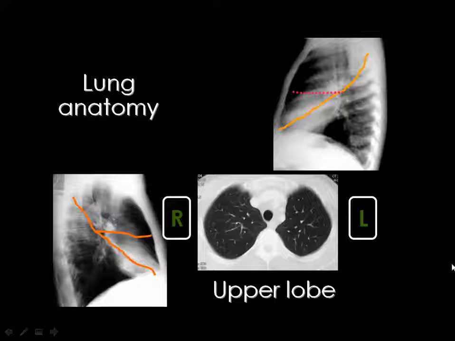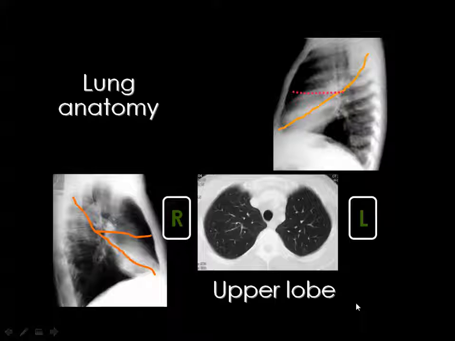Actually, you know that on the right side we have 2 fissures, the major one and the horizontal fissure or the transverse fissure. On the left side we have the major fissure, and we can imagine a fissure at this dotted line in order to separate the lingula from the rest of the upper lobe. Actually, you know that the lingula is a part of the upper lobe, as you all know.